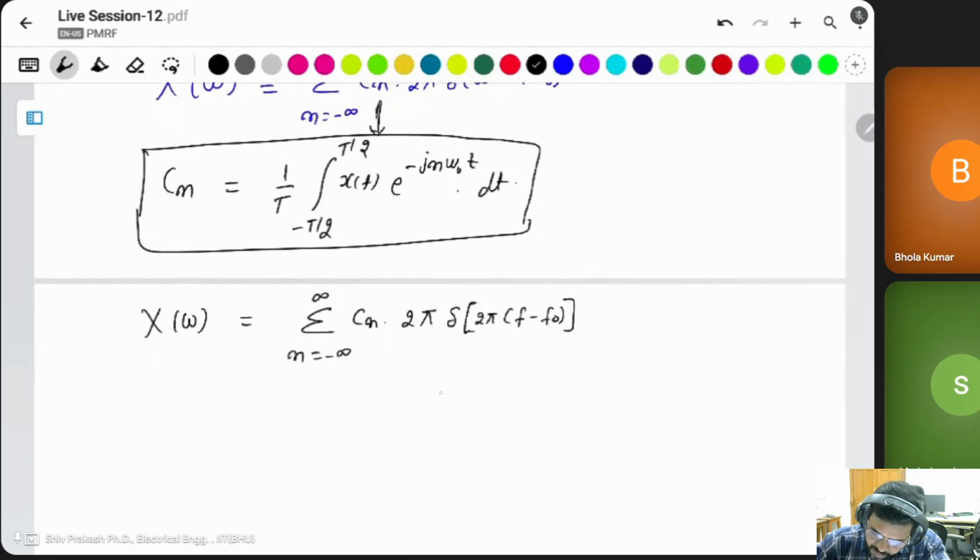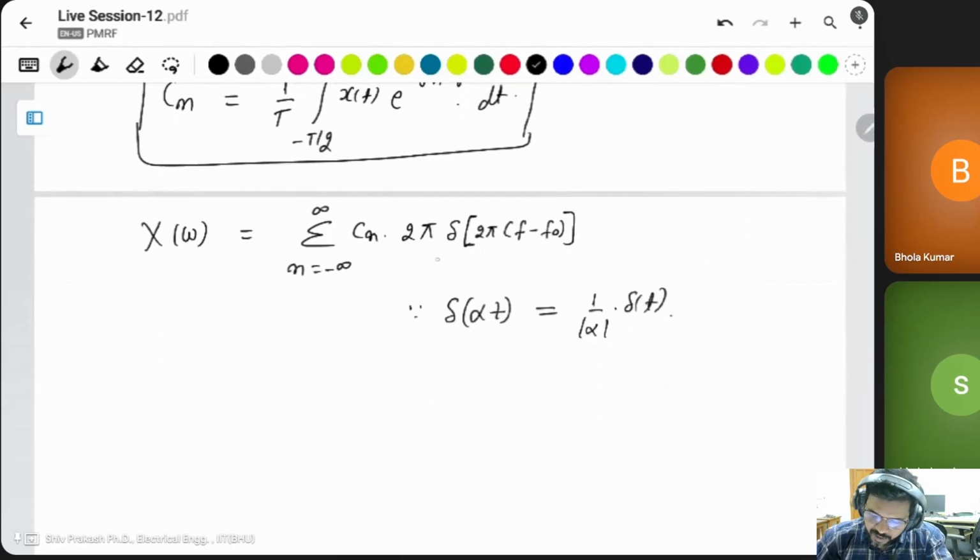And you know about the delta of alpha t, this will be 1 by mod of alpha into delta t only. And this 2 pi is in the denominator of that one.